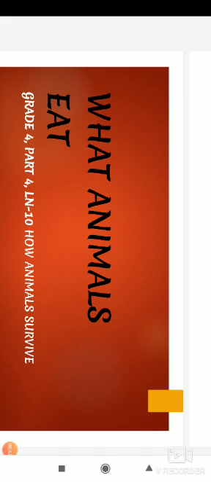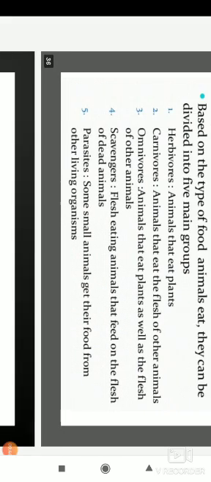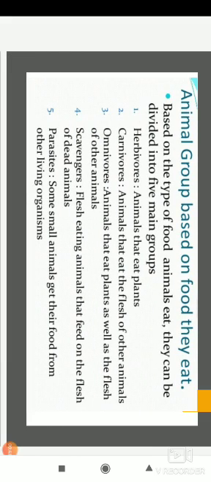We can categorize this into different parts. First one we can see is herbivorous animals. Herbivores means they eat herbs, they are plant eating animals. And carnivores are flesh eating animals.